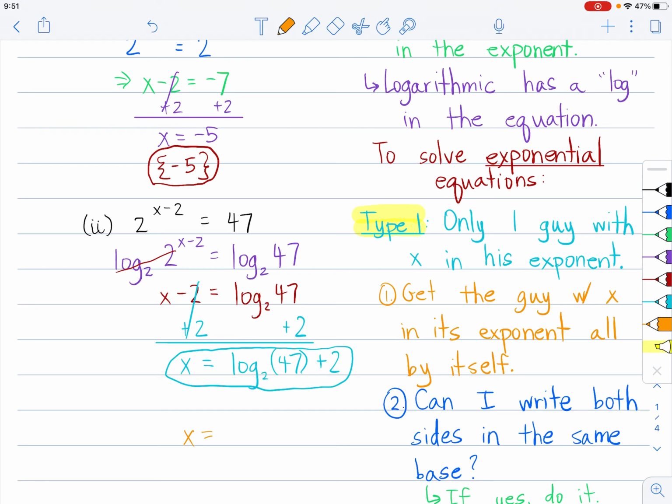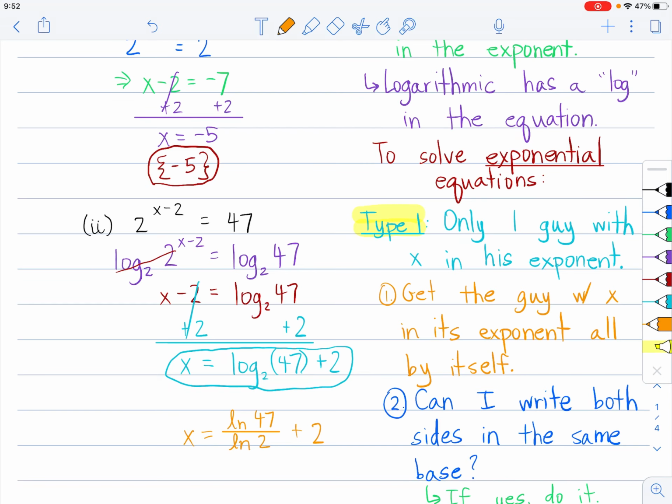To type this in my calculator, I need to switch him to both ln or both log. Why are we going to pick ln? We're going to pick ln because he's a button on our calculator and because I said you need to. So this is ln of 47 divided by ln of 2 plus 2.